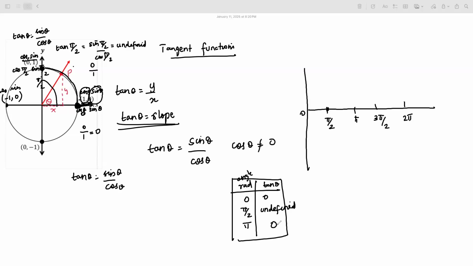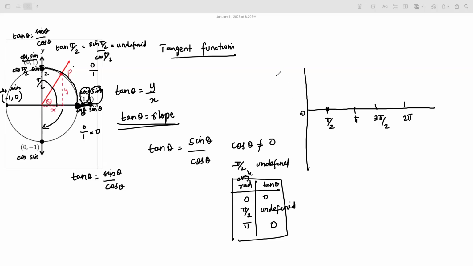Again, it became 0. Do you see it? Okay, good. Now, suppose it is minus pi by 2, you go back here. This is cos, this is sine. It is undefined. So basically, minus pi by 2 was undefined.